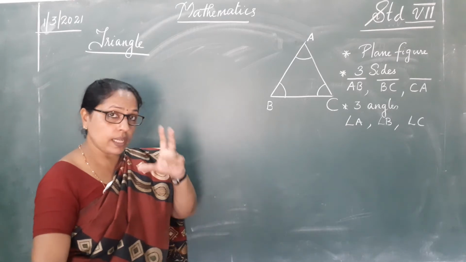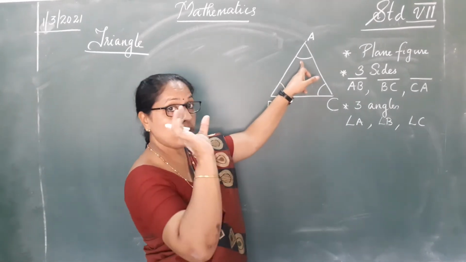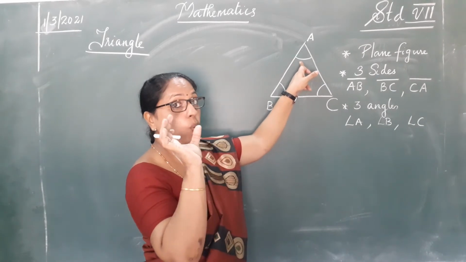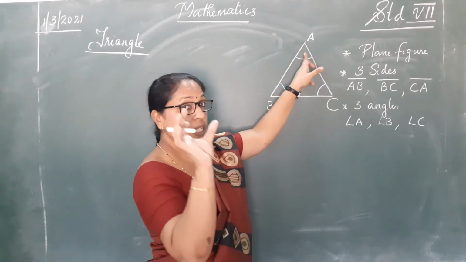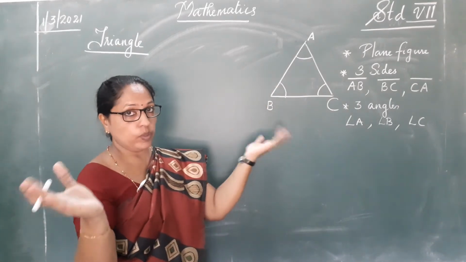When you use 3 letters, what we have to see is the angle is at which point. That is known as the vertex. So the vertex should be kept in the middle and the other 2 letters at the extreme ends.